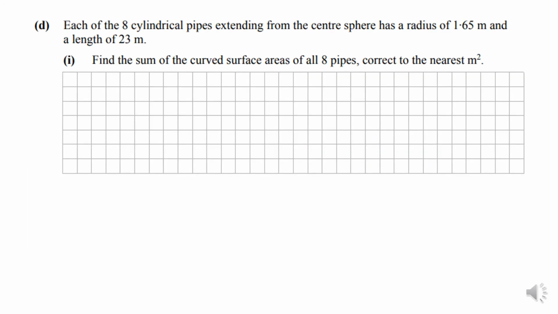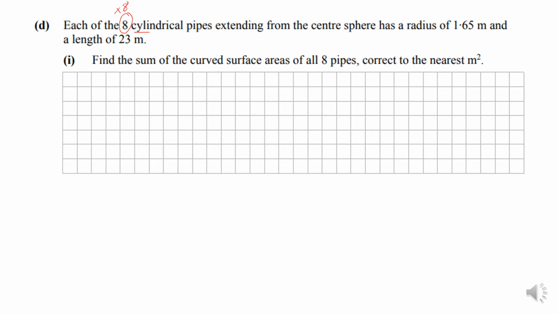Each of the 8 cylindrical pipes extending from the center sphere has a radius of 1.65 meters and a length of 23 meters. Find the sum of the curved surface area of all 8 pipes correct to the nearest meter squared. So there's a bit of information there. Firstly, we've got 8 of them, so at some stage we'll have to multiply by 8.